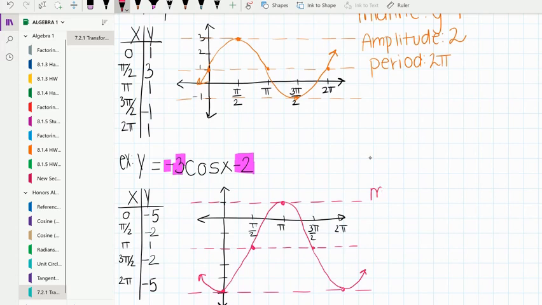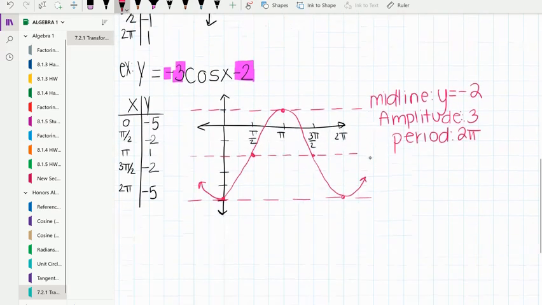So going back to those questions, the midline is going to be y equals negative 2. The amplitude is going to be, oops, I don't know why I spelled that wrong. Okay, so the amplitude is going to be 3, and once again, the period is still 2 pi.